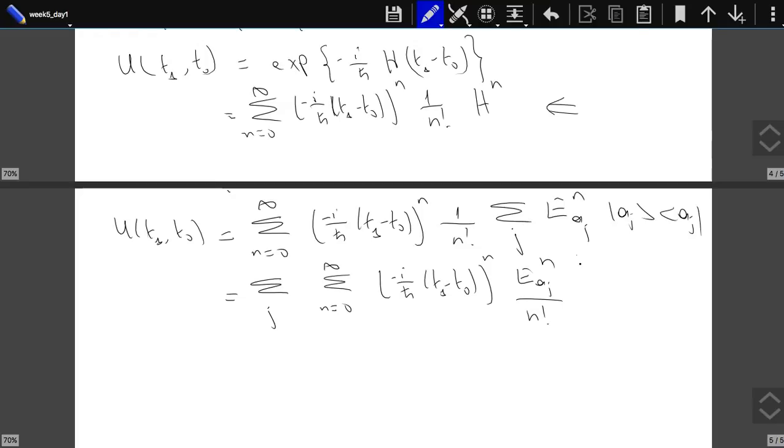But if you look at this one, take its inner product with a_j, you just get c_j, the coefficient. So this is the sum over j of e to the power minus i over h bar (t1 minus t0) E(a_j), c_j |a_j>.